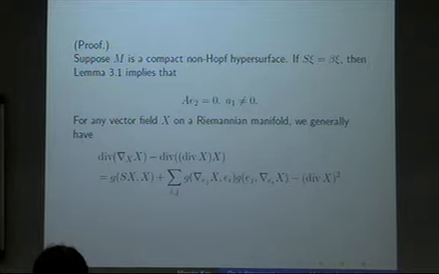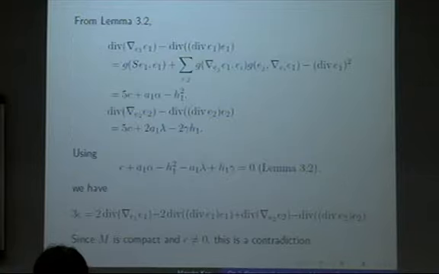The divergence of X and the Ricci tensor. Using lemma 3-2, which is a derivative of orthonormal vector fields, we have these equations. And using this equation given by lemma 3-2, we have this equation.